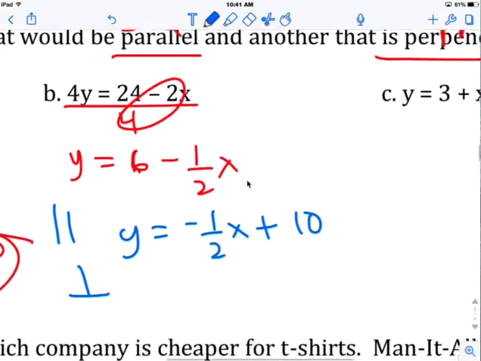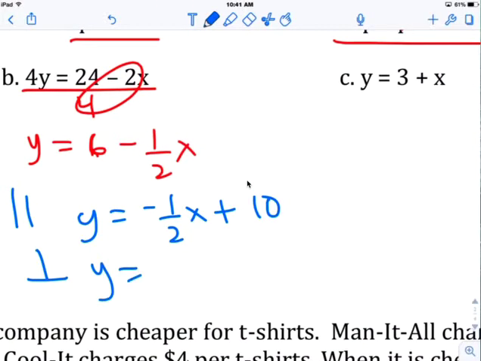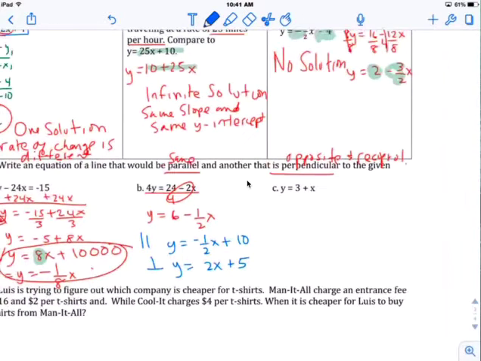Perpendicular, y equals, opposite and reciprocal. Opposite of negative is a positive, 2 over 1, this is 1 over 2, plus whatever you want, 5. Okay.